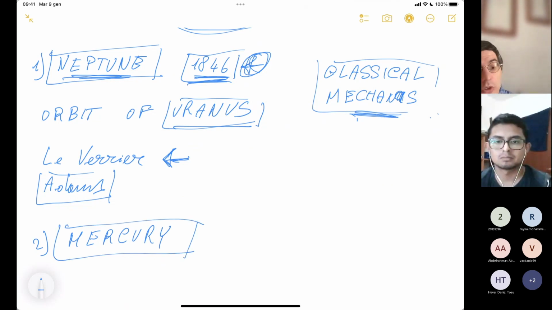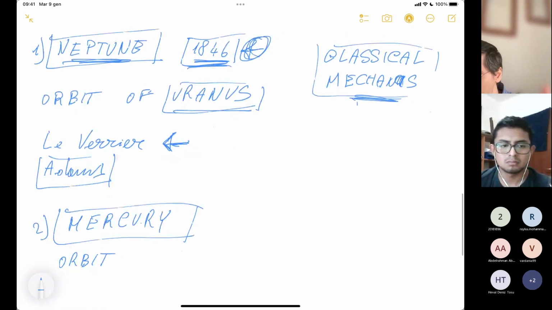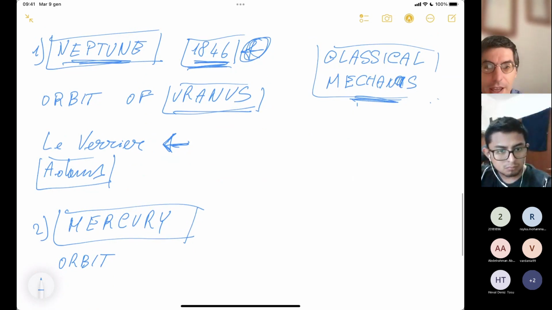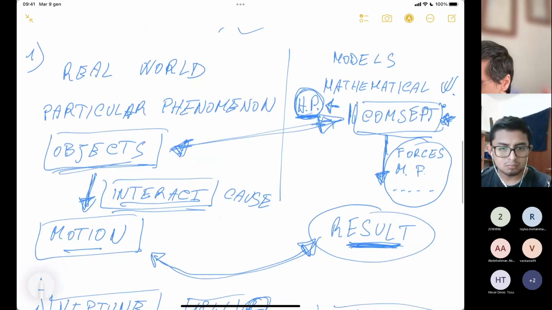The question is this: also for Mercury, the orbit of this planet does not coincide with the prediction made using the classical mechanics. So you can imagine people making this calculation and showing that this is not correct, making another time the same choice.